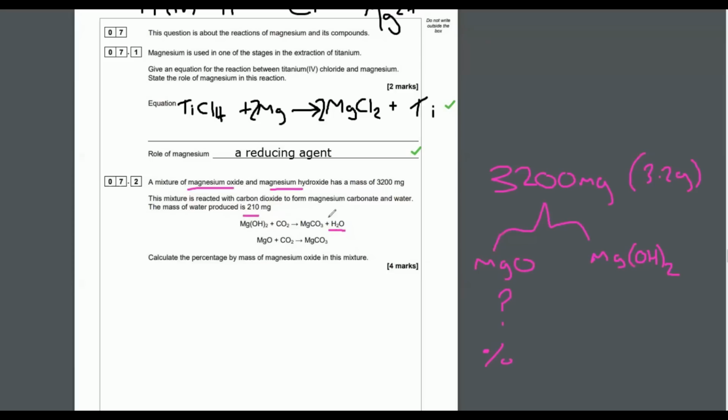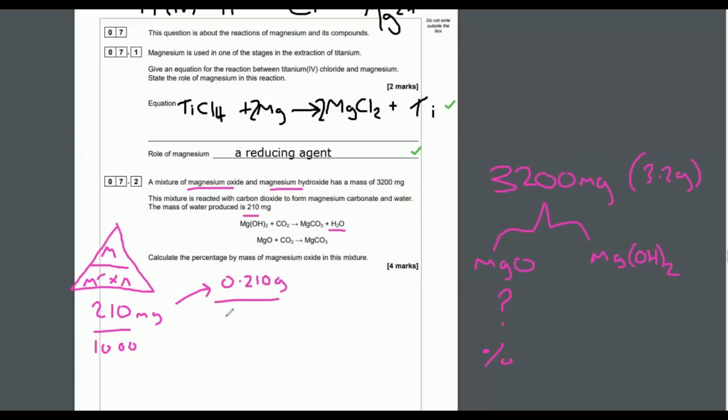Okay, so where's our starting point? Well, we're given the mass of water, so that tells me that we're going to want mass over Mr times moles. So let's work out the moles of water. We're given 210 milligrams. Of course, we should really convert this by dividing by 1,000. We want to change this into grams because that's what we should be dealing with.